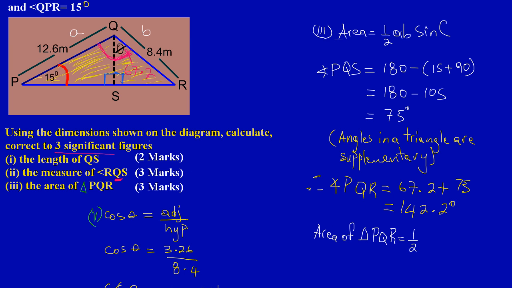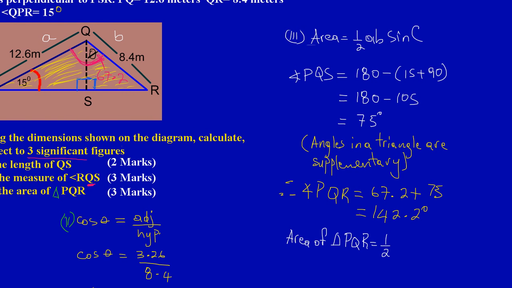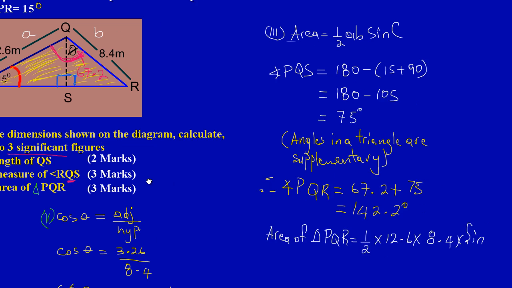So quickly now I could simply say that half times 12.6 multiplied by the 8.4, my 8.4 meters right there, and I'm multiplying that by the sine.